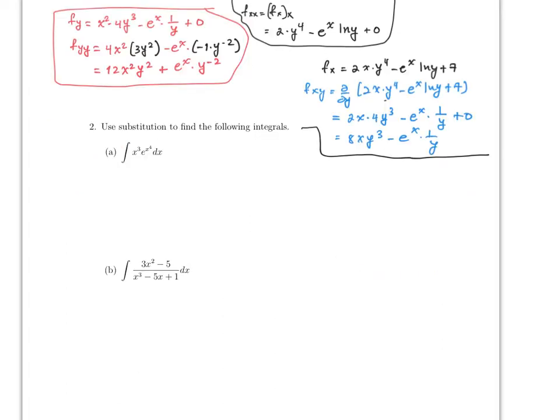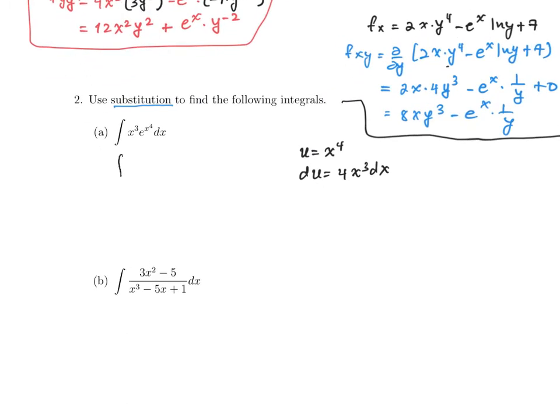Okay, now let's move to number 2. In this one, you need to use the substitution method to find the integral. The substitution we need here is u equals x to the 4. Notice that du will be 4x cubed dx.